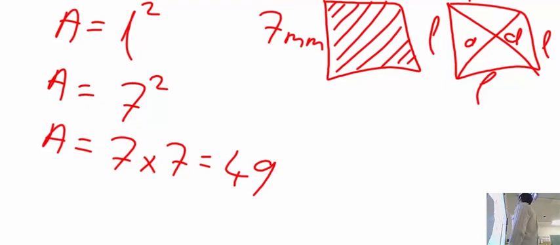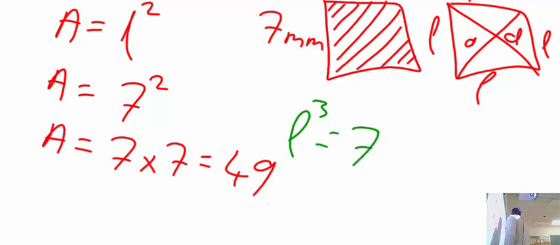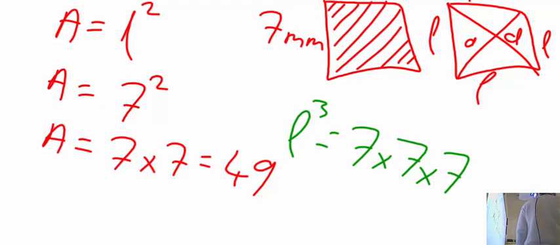But if for some reason the formula says L cube, that means 7 times 7, that's the 2, times 7, that's the 3, the third 7.